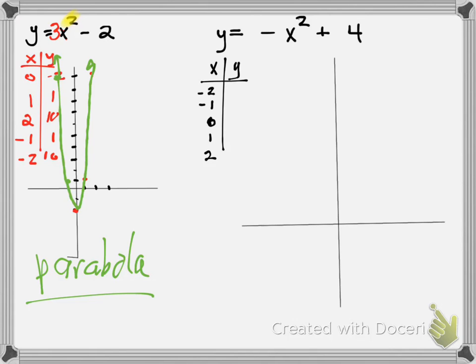So we're going to do x squared, and then we're going to take the opposite of that. So -2 squared is 4. Take the opposite, it's -4 plus 4 is 0. -1 squared is 1. Take the opposite, -1 plus 4 is 3. 0 gives me 4. 1 gives me 3. And 2 gives me 0.